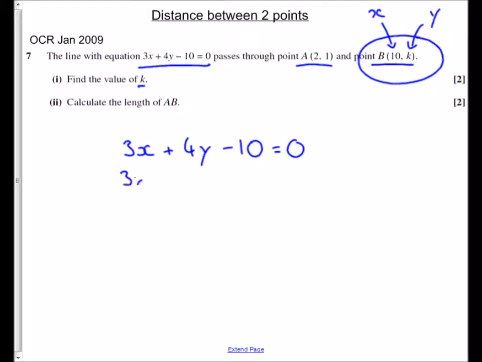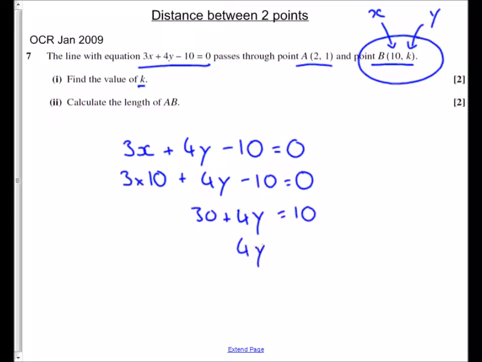I can say 3 times 10 plus 4 times y minus 10 equals 0. And now I just solve this equation. So I get 30 plus 4y equals 10. 4y equals minus 20. So y is going to equal minus 5.